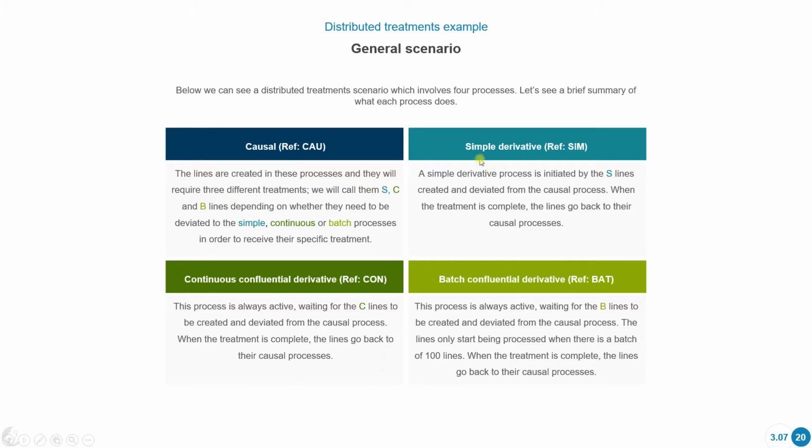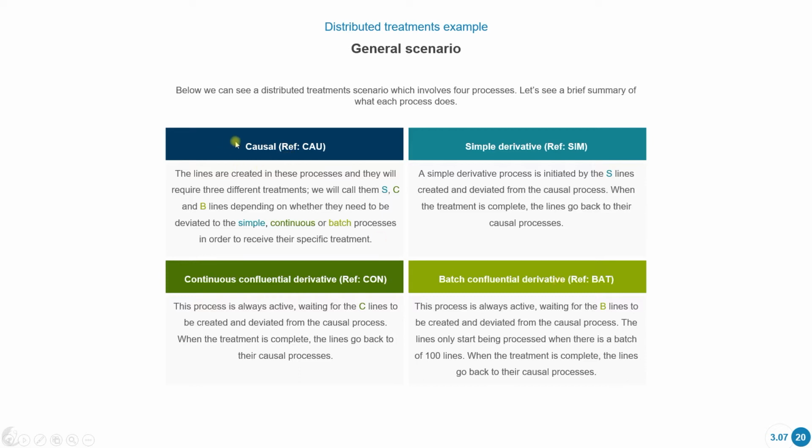Because some lines have to go to a simple derivative process that we're going to call simple derivative. There are some other lines that we've called C. They're going to be deviated to another class of process that's called continuous confluential derivative. And there are lines of the type B that have to be sent to the batch confluential derivative class of process.